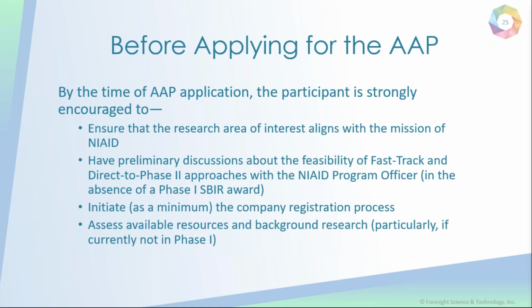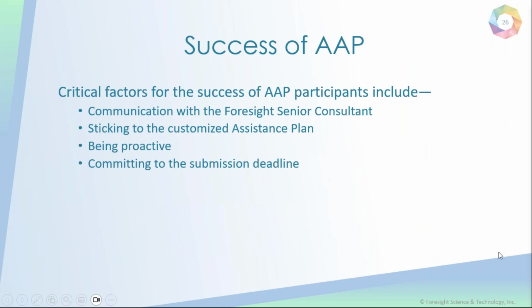We encourage you to initiate, as a minimum, company registration process, and please review your background data, your research, particularly if you're not currently in Phase 1, and particularly if you think about applying to fast track or direct to Phase 2. So this is also very important.